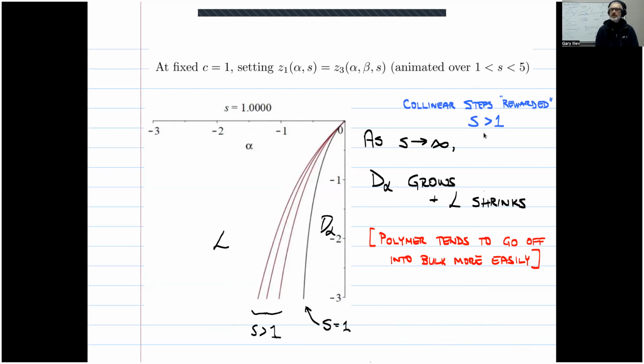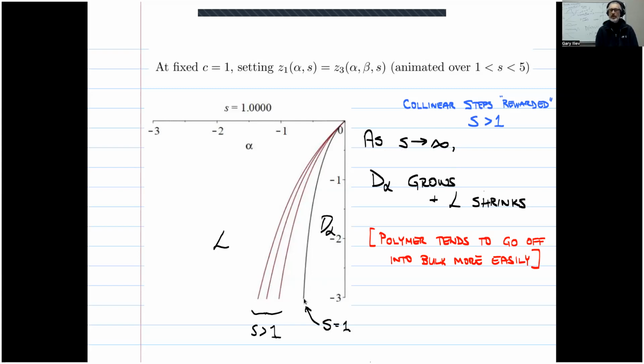So this is the regime where S is larger than 1. So this is favoring collinear steps. You can think of this as making the walk more stiff. And so what you see is that, as S goes to infinity, here I have S equals 1 for reference, the black curve. So that is what you get if there is no stiffness in the model. This is essentially what we already saw 4 or 5 slides ago.